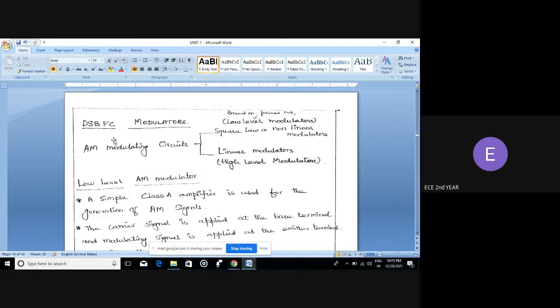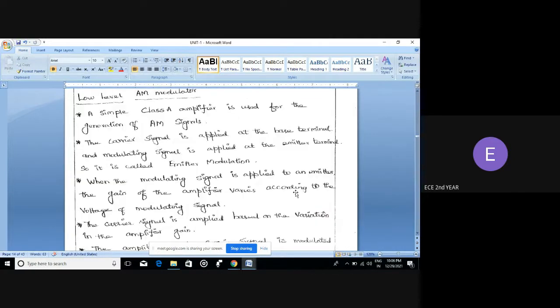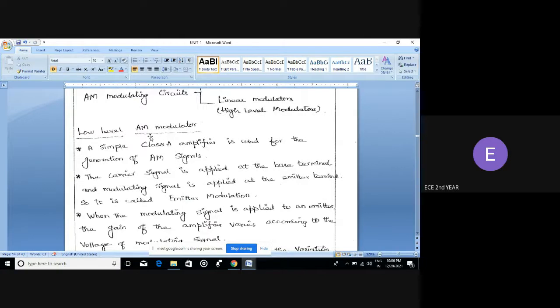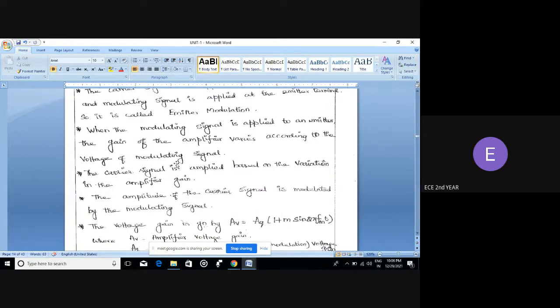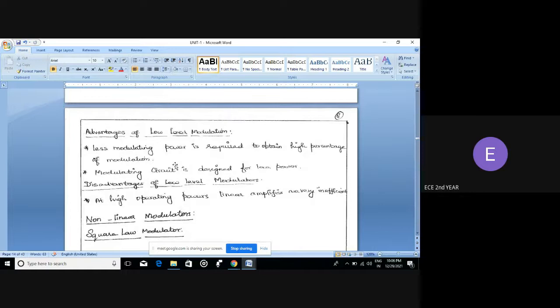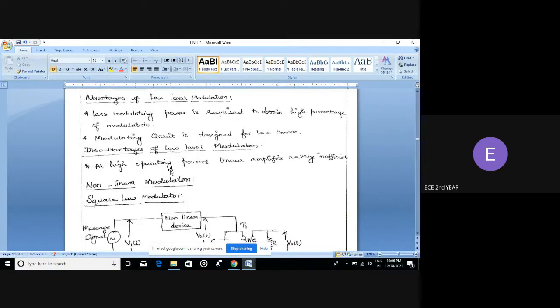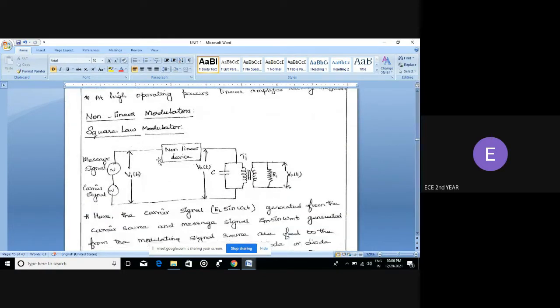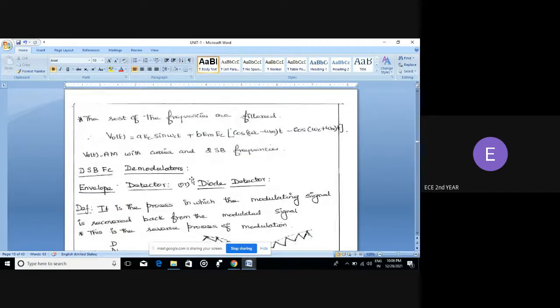When the AM modulating circuit is considered, we again have two types: the square law or non-linear modulator, and the linear modulator or high level modulator. The low level AM modulator is explained here, along with its advantage. The second type, the square law modulator, is explained here, which is nothing but the non-linear modulator.